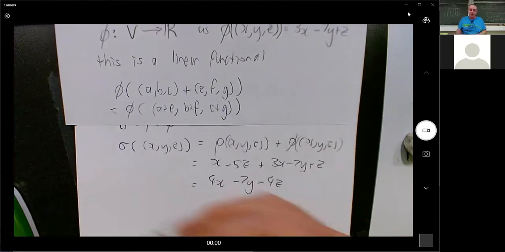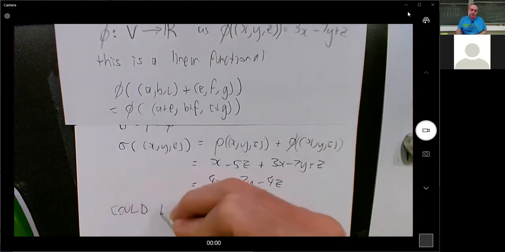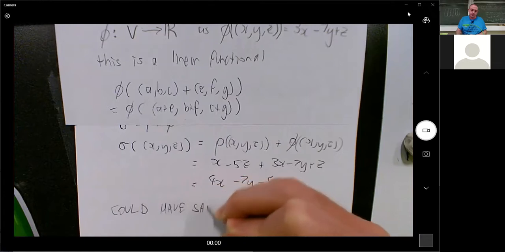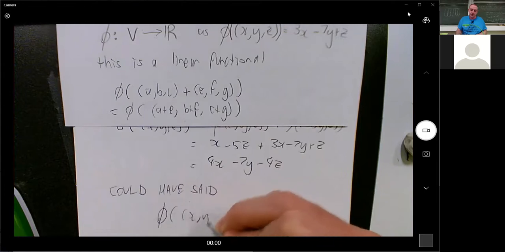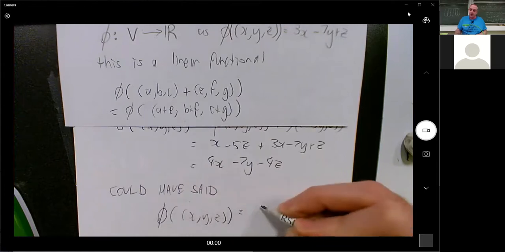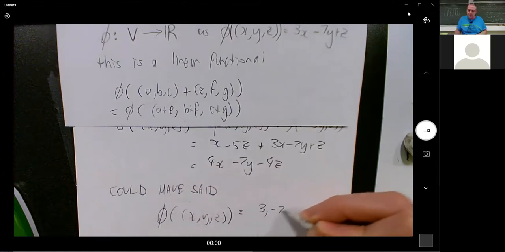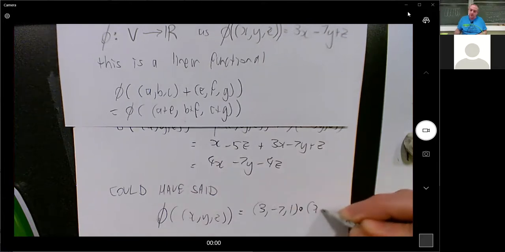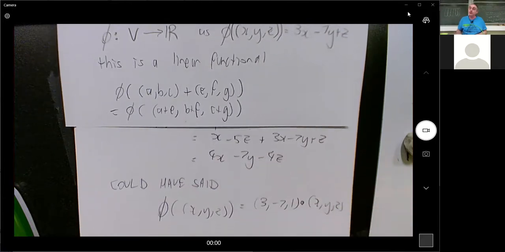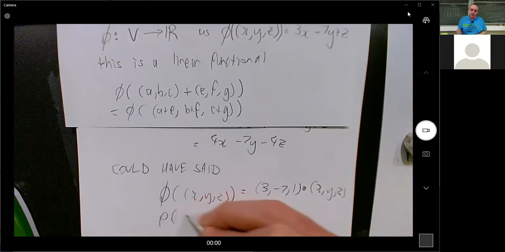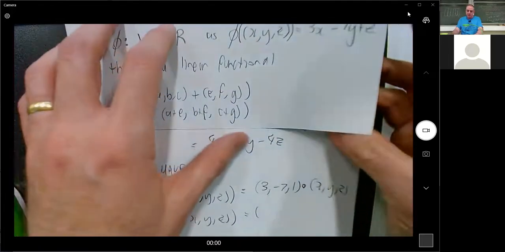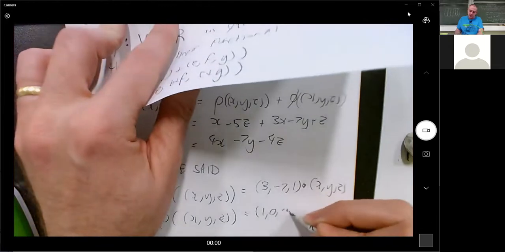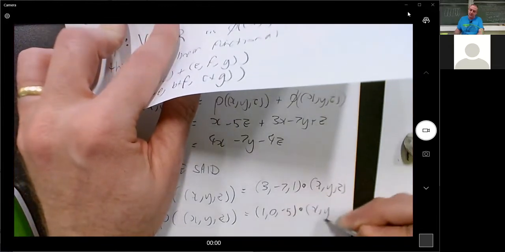So I could have said phi of x, y, z is 3, minus 7, 1 dot with x, y, z. And that rho of x, y, z was 1, 0, minus 5 dot with x, y, z.